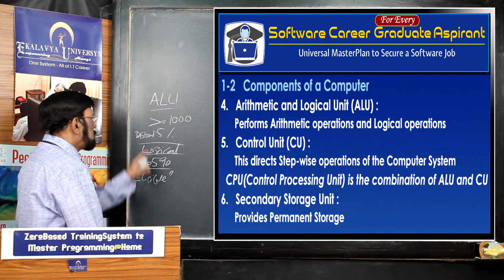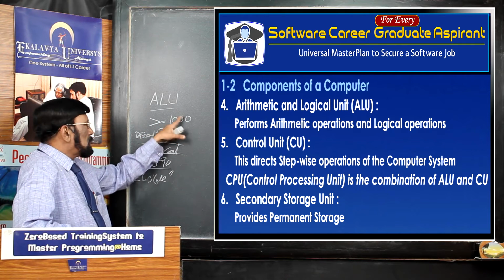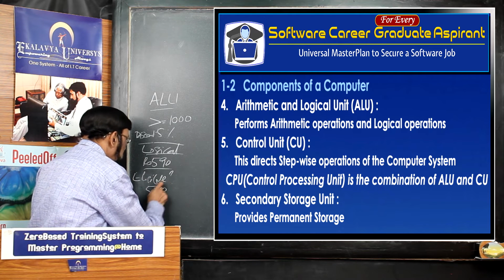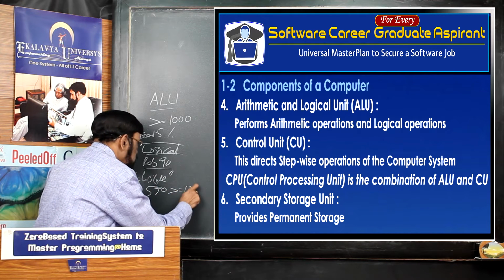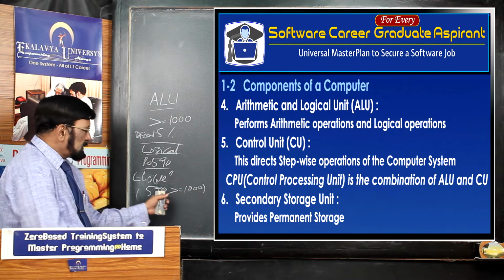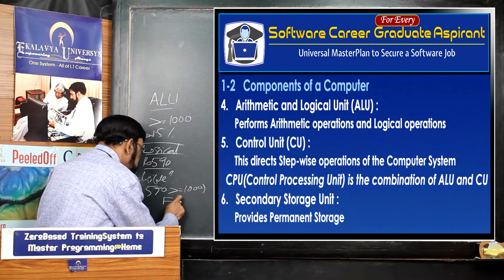So here, 1000 or more is eligible. So 590 greater than or equal to 1000, like this you write. So this is false. 590 is not greater than 1000. Then it is false.